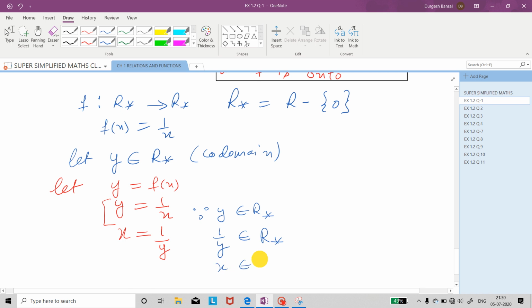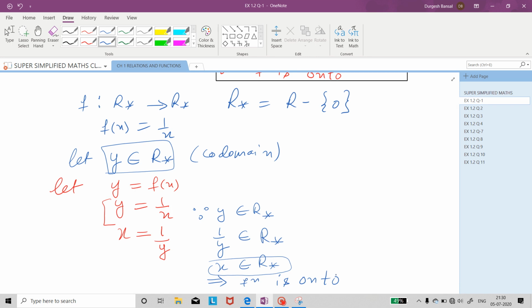That means x is also a non-zero real number. And this implies that for every y in R star, there exists one x in R star. And this implies that the function is onto. So we have proved that the function is one-one and onto both.